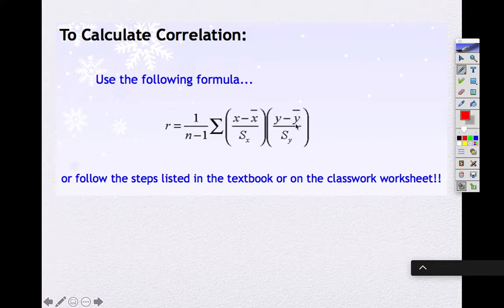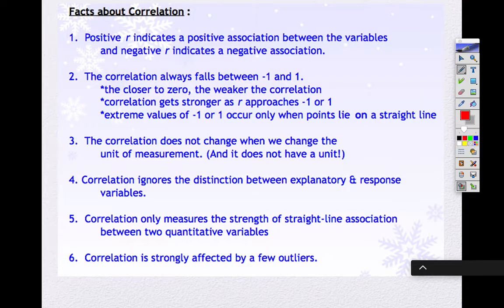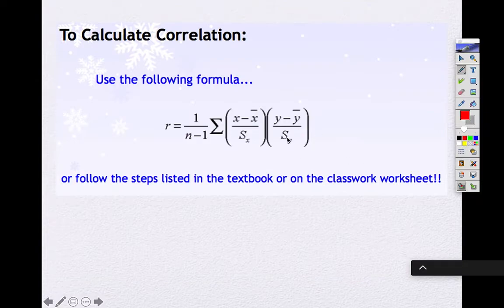So we have y bar for the mean of the y's, sy for the standard deviation of the y's. n is always in this class the sample size. How many people are in the sample is our n. We are going to use our formula to calculate mean and standard deviation, and then eventually get our correlation.